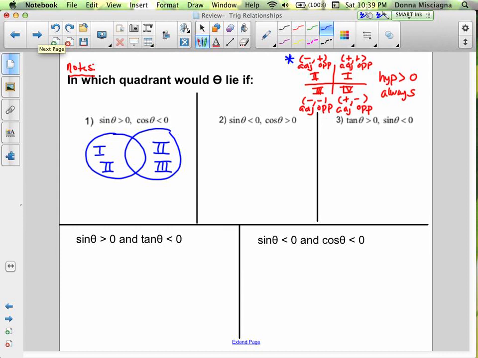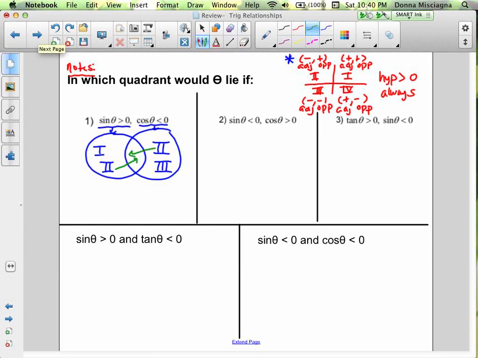Now I look at my quadrants for each of the two pieces of information, the one for sine theta greater than 0 and the one for cosine theta less than 0. This one is for sine and this one was for cosine. And I see they overlap. What's the overlap? Well, they both have quadrant 2 in common.